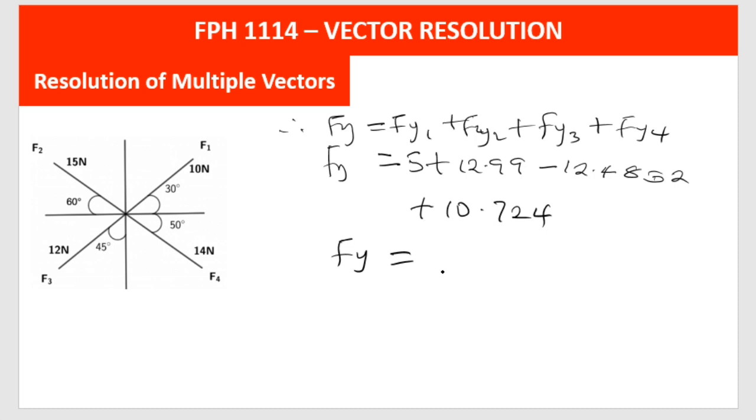So here we are having minus 5.2192 Newton. Now, mind you, what we are having here is a minus, not a plus, because this is to the negative of y.